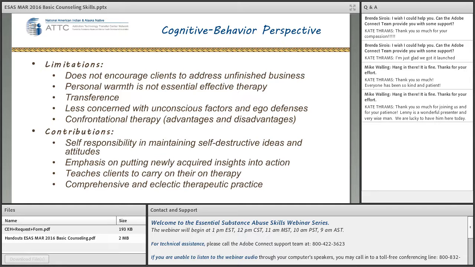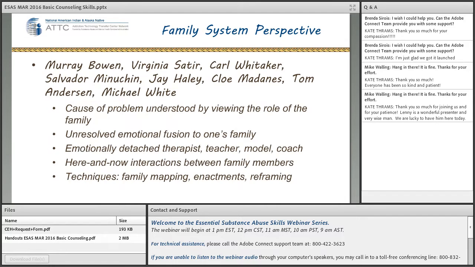The contributions: self-responsibility in maintaining self-destructive ideas and attitudes, emphasis on putting newly acquired insights into action, teaches clients to carry on their own therapy. And that, like what I was talking about earlier, is teaching them to get unstuck. Now we're going to talk about the family system perspective.